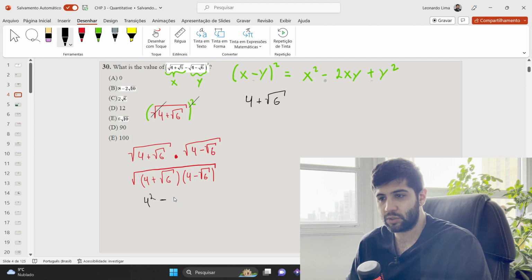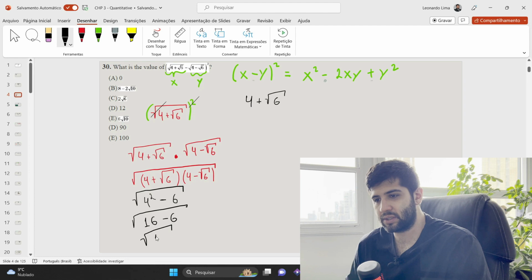So it's going to be 6, right? Because I'm just going to remove the square root. But I still have the square root taking everything. And then the result of that is going to be the square root of 16 minus 6. Then the final result is the square root of 10.